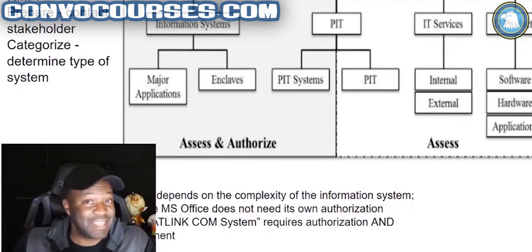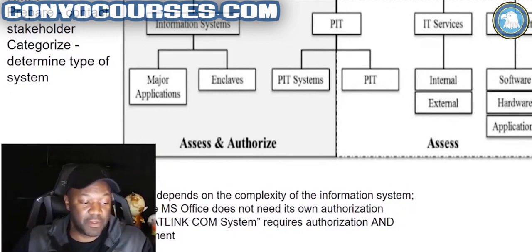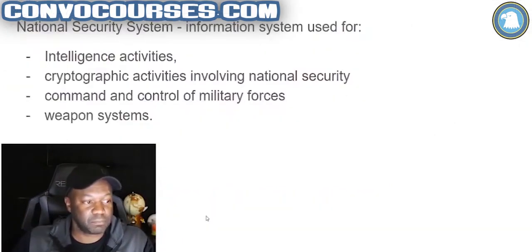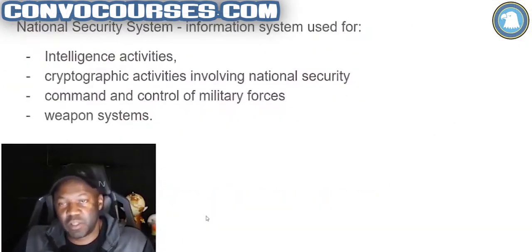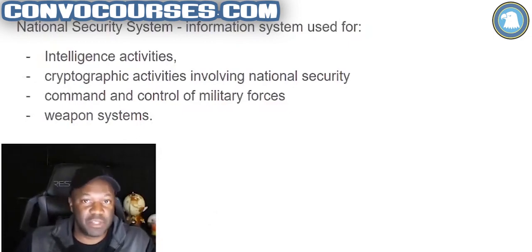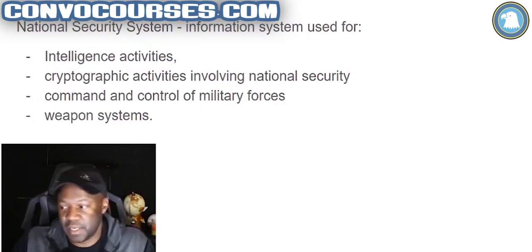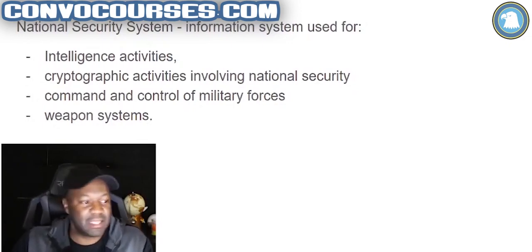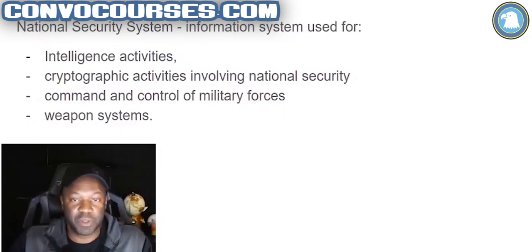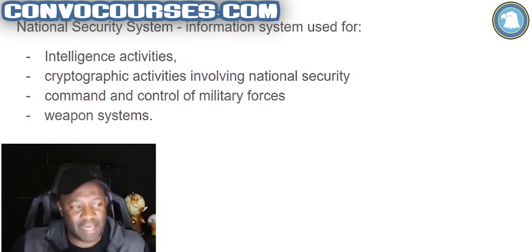There's not that much different, but I'm going to show you the other things that are different here. Another thing that's different with the DoD Risk Management Framework is that they have what are called national security systems. A national security system is a high-level computer system that could be a server, a workstation, or a phone, right?